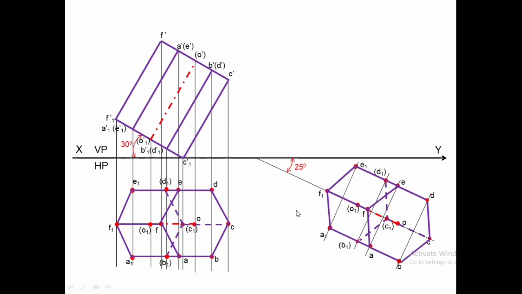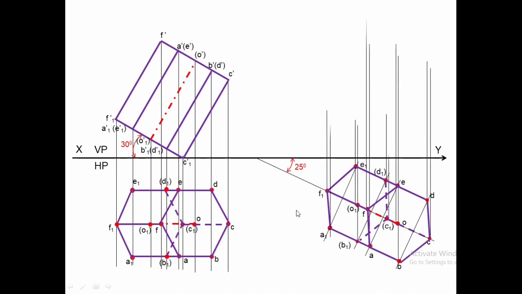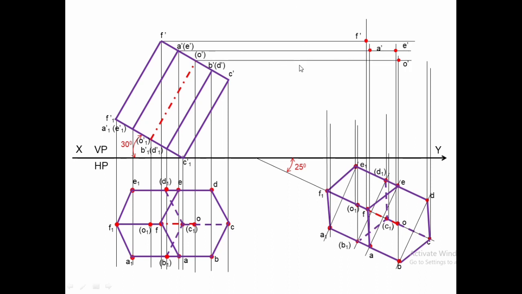To get the final front view, project it from all the corners above the XY line. Yes. Now draw the horizontal projectors to meet the corresponding vertical projectors, the corners of the vertical projectors. Mark them.